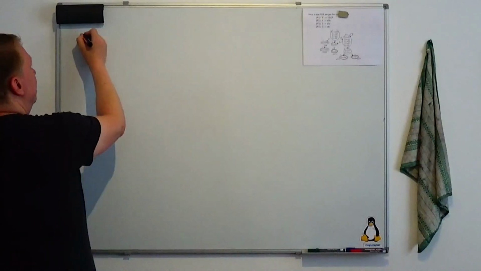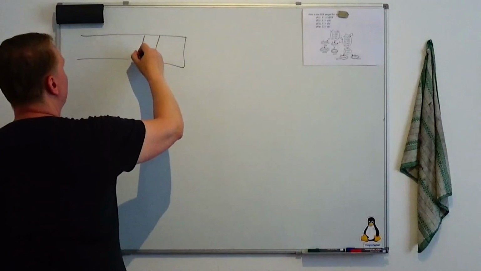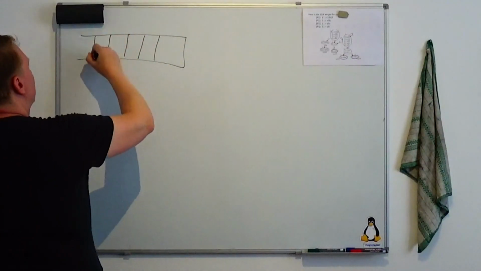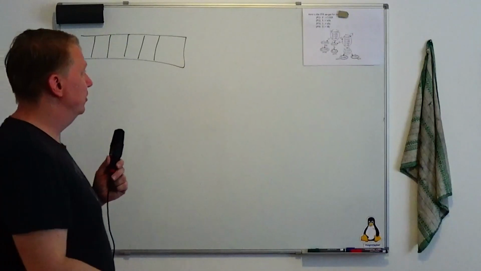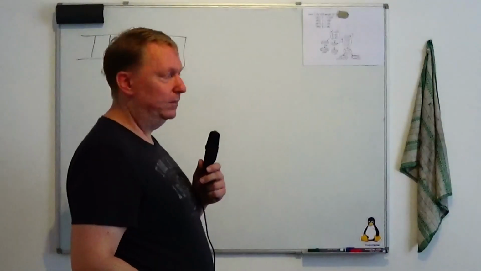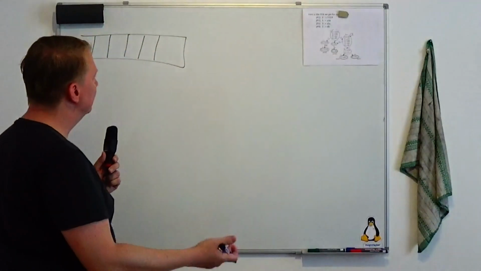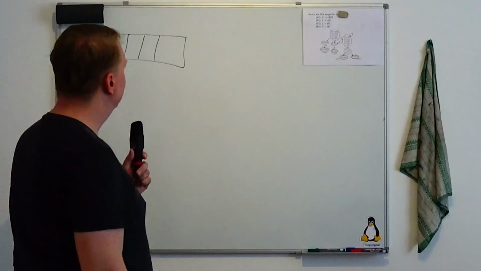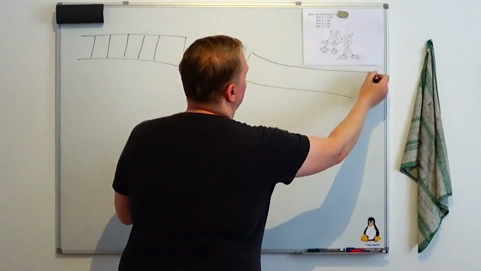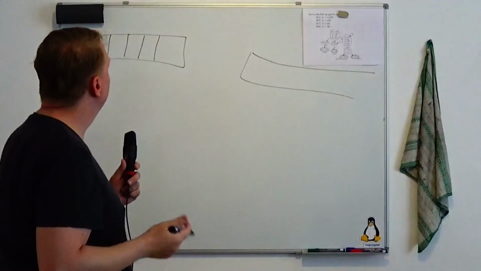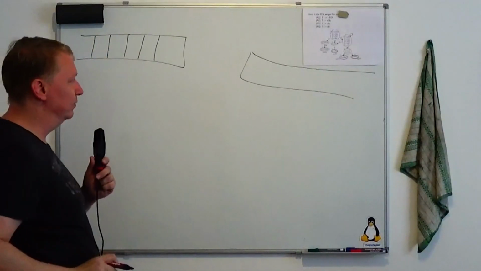So as I said before, context-free grammars are equivalent to so-called push-down automata. And push-down automata are like automata. So you have states and transitions, a start state and final states. And unlike a normal automaton, a push-down automaton also has a stack that it can use.